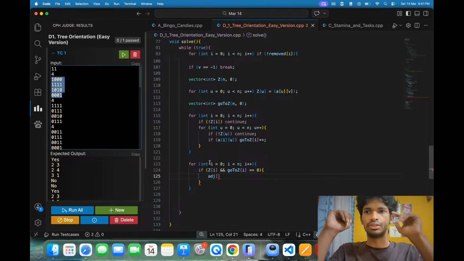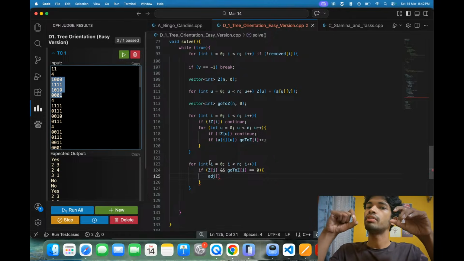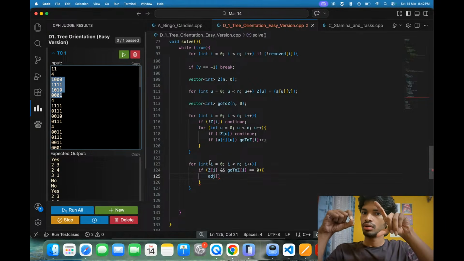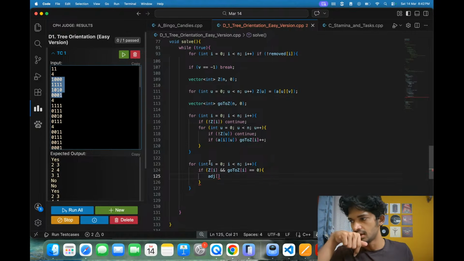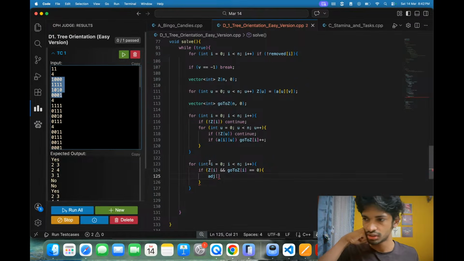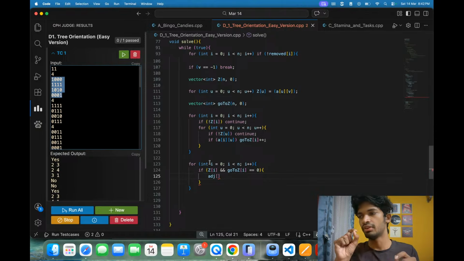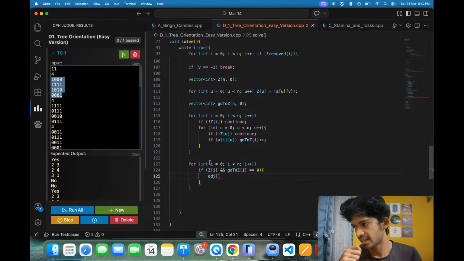You just have to think of that too, because everything that this can reach, we have added these things. So for this leaf, everything that can reach it will reach it eventually, because all of these things are reaching it, and everything that cannot reach this one initially, it can never reach it.